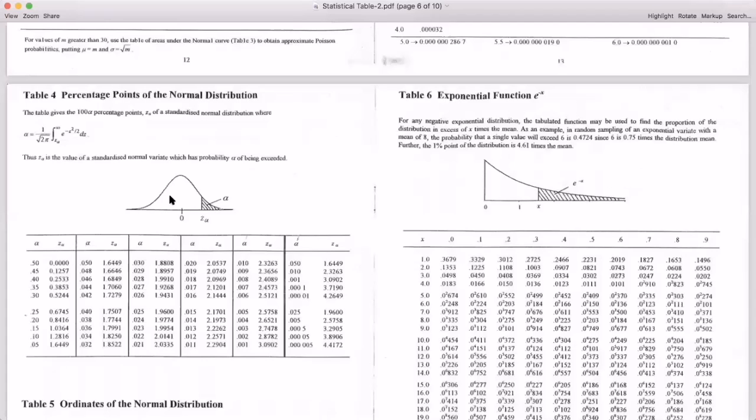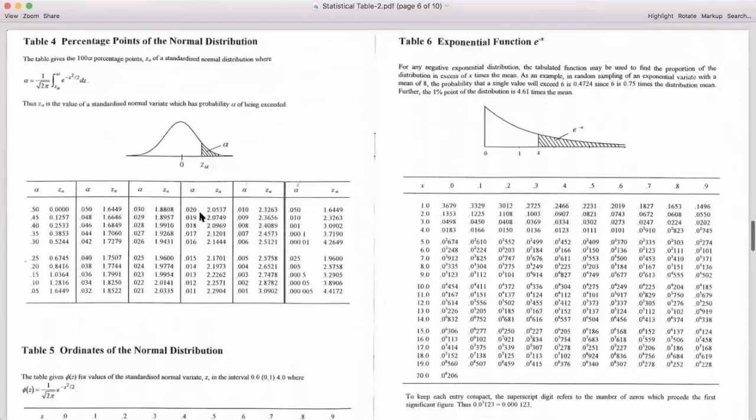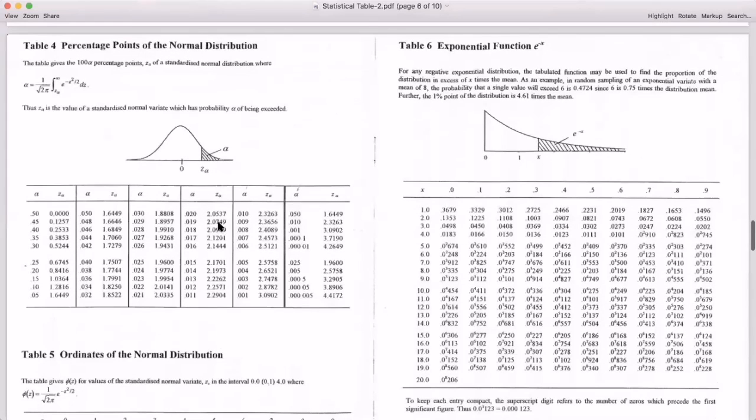Okay. So you could see here, right? This part here has to be 0.005, right? So it should be here.